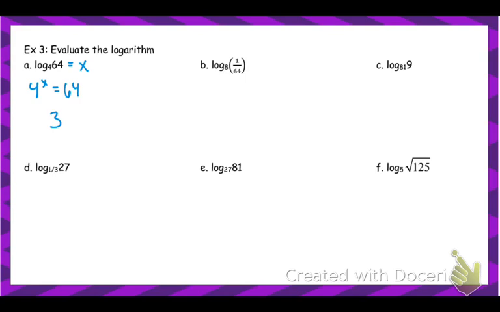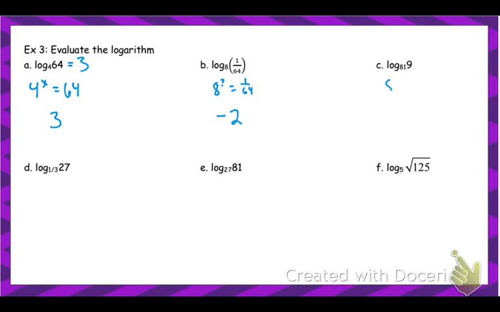So log base 4 of 64 is equal to 3. All right, look at the next one. Log base 8 of 1 over 64. So 8 to the something power is equal to 1 over 64. Well, let's think back about our exponent rules. In order to move something to the other side of a fraction, it needs to be a negative exponent. And then 8 squared is 64. So log base 8 of 1 over 64 is negative 2.